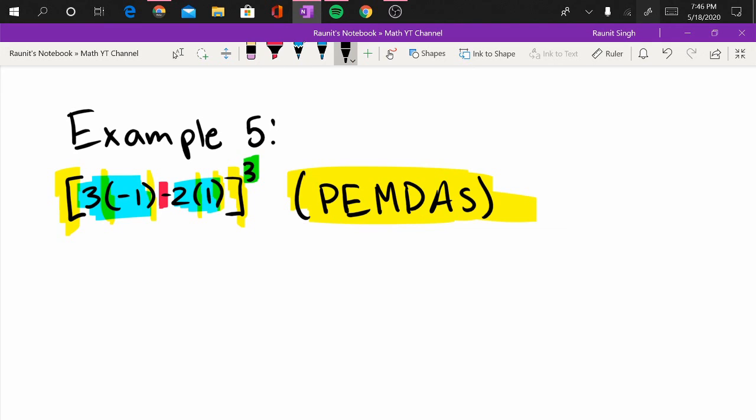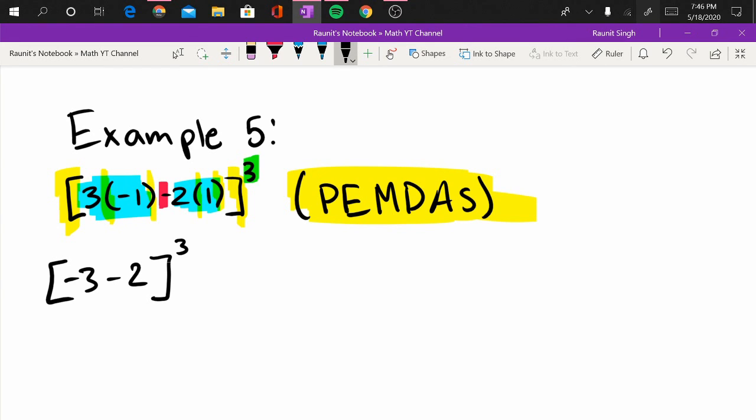Okay, so now let's solve it. Hopefully it doesn't look like a mess. So, parentheses. We can't really solve anything in the parentheses, so... Oh, actually we can. Right. Alright, so we have brackets. 3 times negative 1 is negative 3 minus 2 times 1 is 2, close brackets.